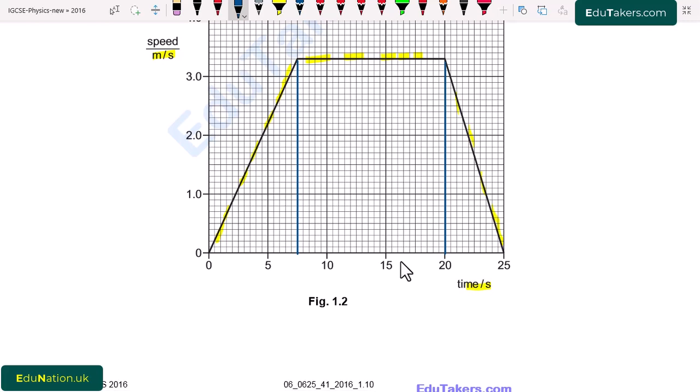So we can simply say that there are three areas. If I consider this area 1, this is 2 and this is 3.